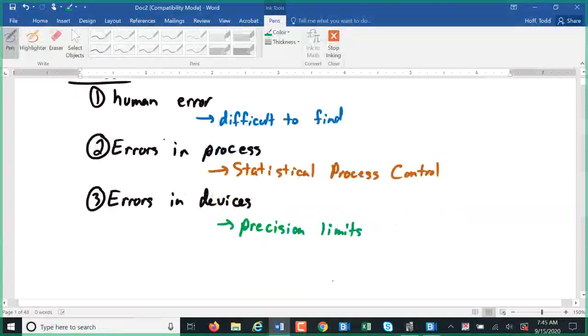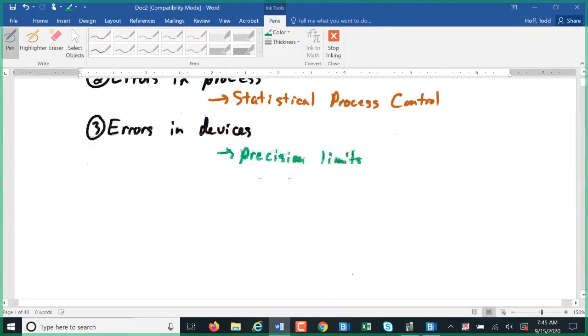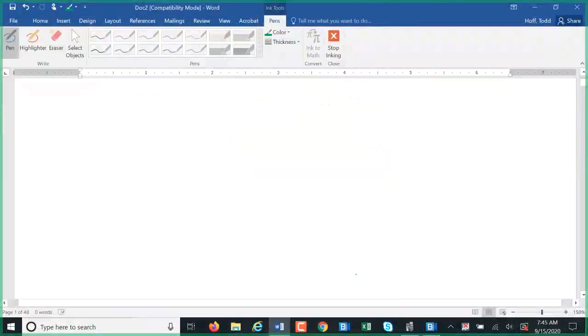So I'm going to turn off the engineer in me and stop talking about the sources of error, because I could go on for a couple hours on that. And just turn back on the mathematician and talk about the types of errors.